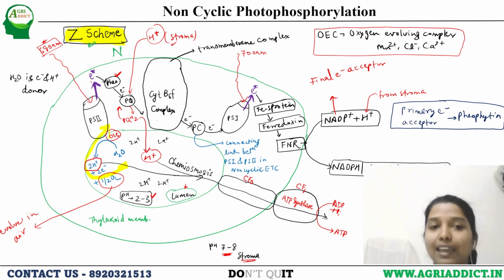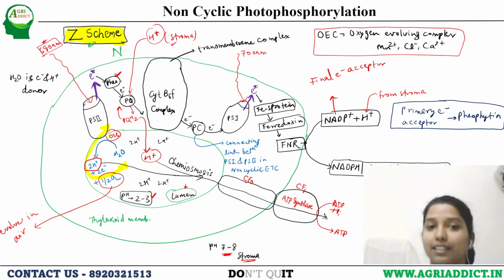So every time an electron is released from the magnesium of PS2, H plus is coming along. You can understand it like eating samosa. Chutney is a must with samosa.